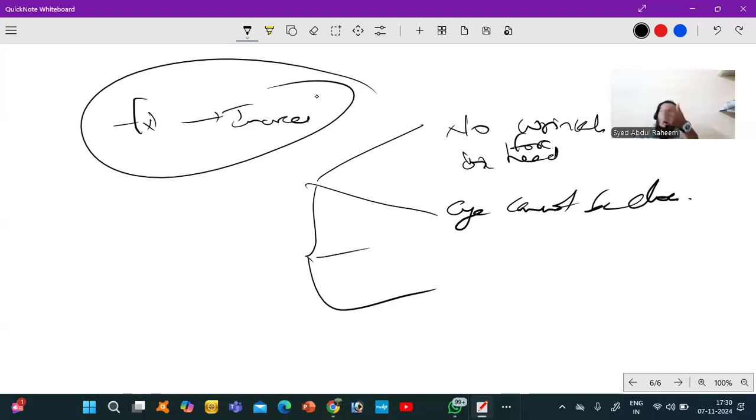And lacrimation and frothing from the mouth, meaning the saliva is going continuously from the mouth, is due to the facial nerve palsy, complete paralysis.